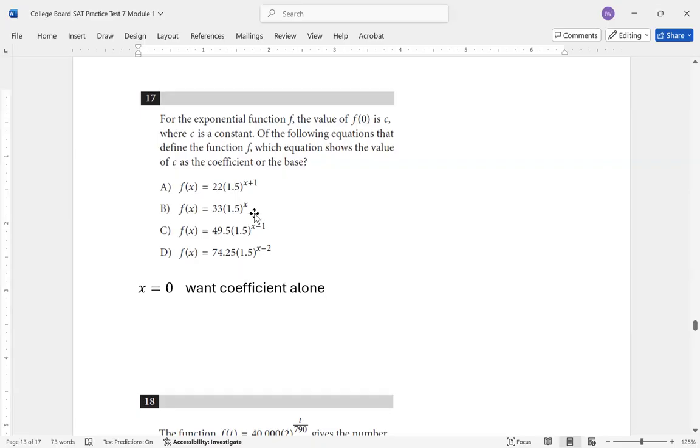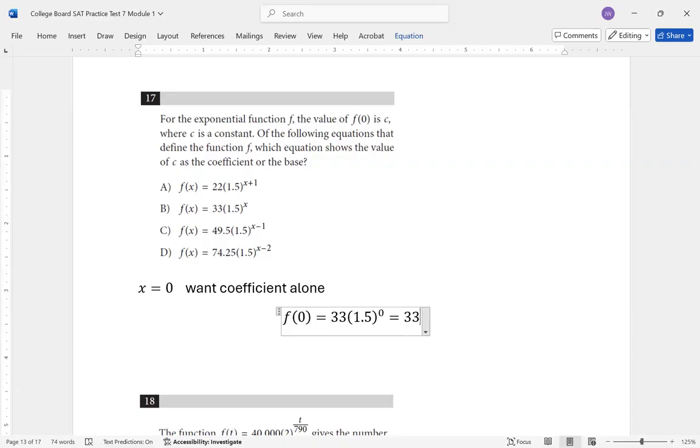The only time you get a coefficient alone is when you plug in 0 into the function described by option B. If I plug in 0 into that function, I get 33 times 1.5 raised to the 0th power, which is just my coefficient of 33.